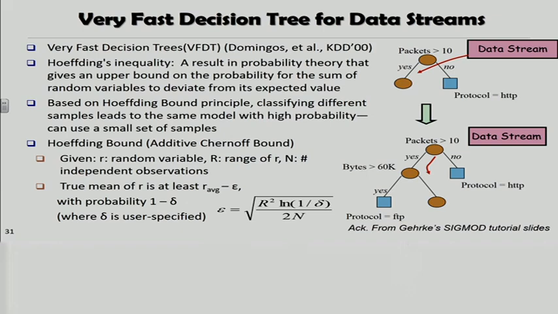The other one becomes the shadow tree. Actually, at every node, they try to construct a shadow. Not only just on the root, on every node they construct a shadow. Okay. Because at every splitting point, things may change. They want to change as well. Okay. So that's their very fast decision tree ideas.